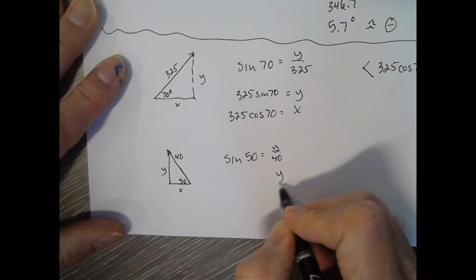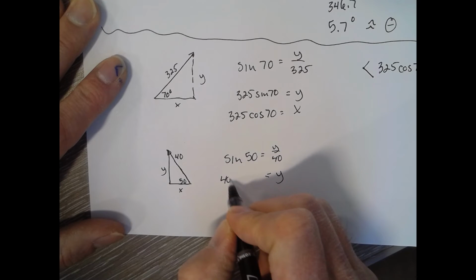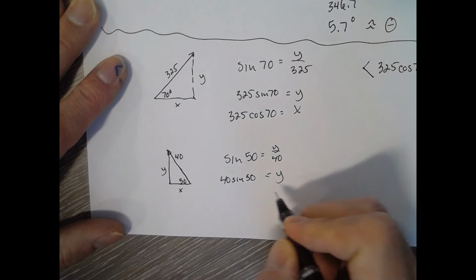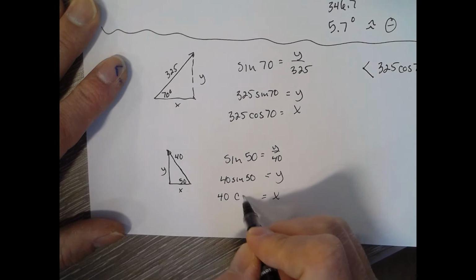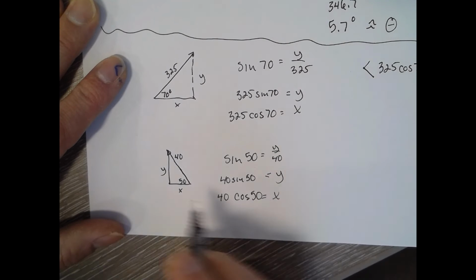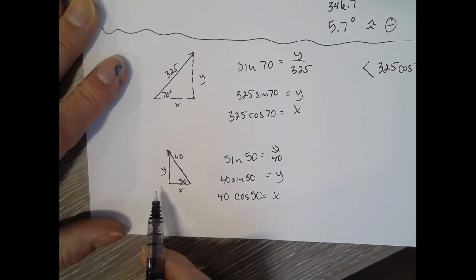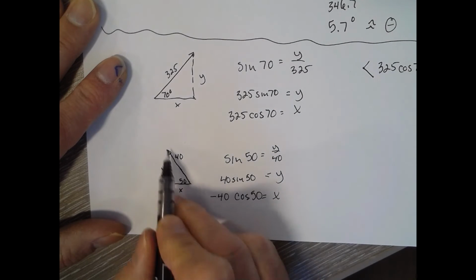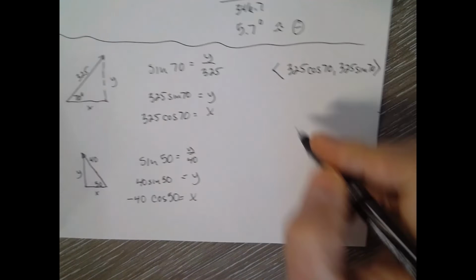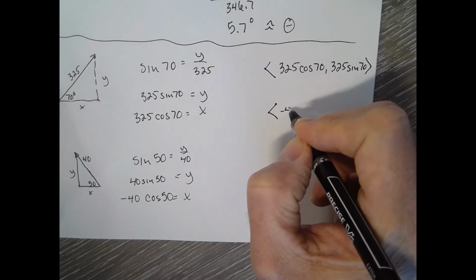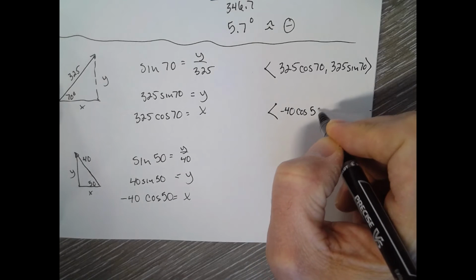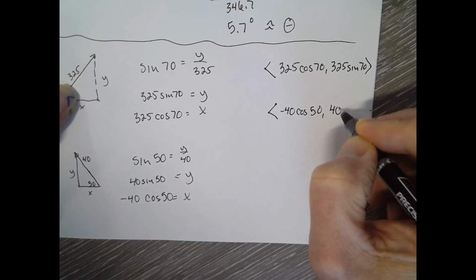So my y is 40 sine 50, and my x is 40 cosine 50. But remember, the x is traveling left, so that's going to be negative. The y is positive because it's going up. So my other vector is negative 40 cosine 50, comma 40 sine 50.